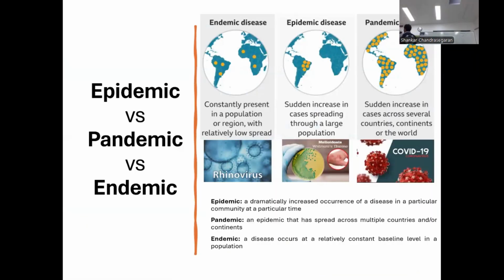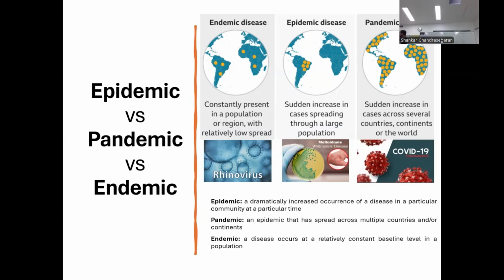So let's talk about what these three mean. You guys probably know what a pandemic is, having had a very recent occurrence of one. A pandemic is essentially a sudden increase in cases in several countries around the world. Basically, it's popping up in a bunch of different countries at the same time and is not able to be controlled. That is why we consider that a pandemic.